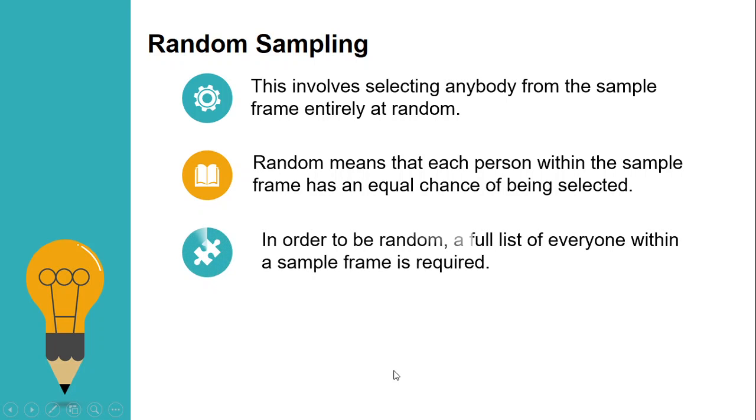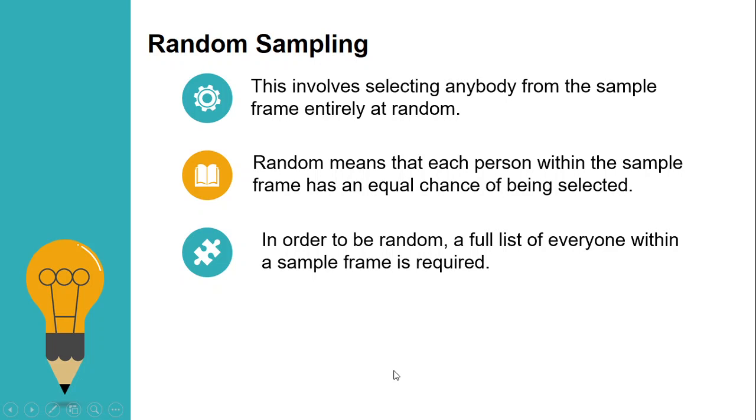Simple random sampling is a fundamental sampling method and can easily be a component of more complex sampling methods. The main attribute of this sampling method is that every sample has the same probability of being chosen. Random means that each person within the sample frame has an equal chance to be selected.